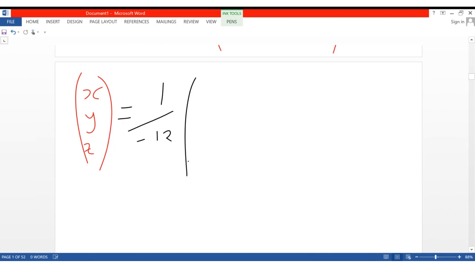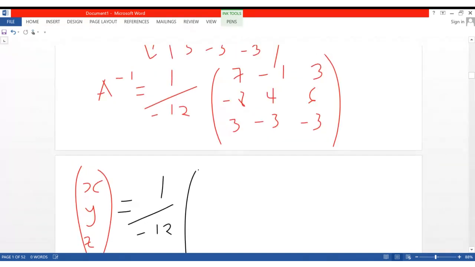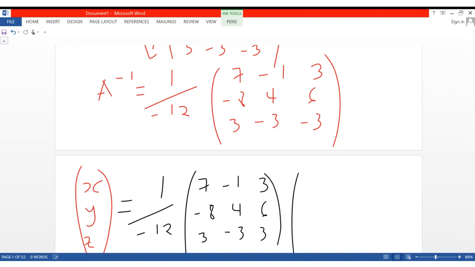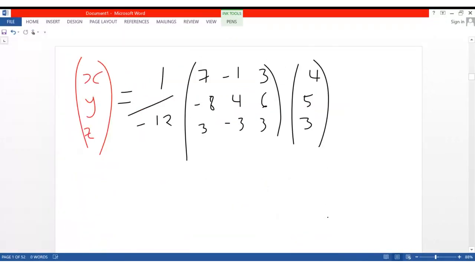Again, I'll take my inverse, which is 7, negative 1, 3, negative 8, 4, 6, 3, negative 3, 3. And then I multiply with my solution, which was 4, 5, and 3, on the right hand side. That's what we had done in the theory. So leave the 1 over the determinant alone. We must first of all multiply inside.